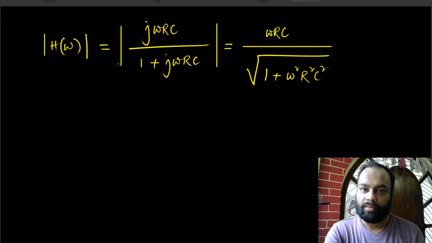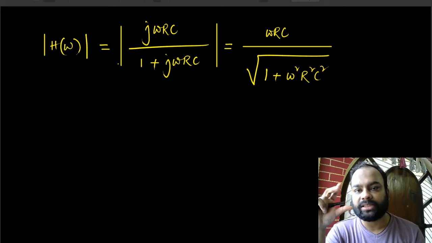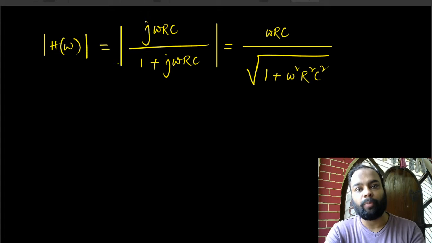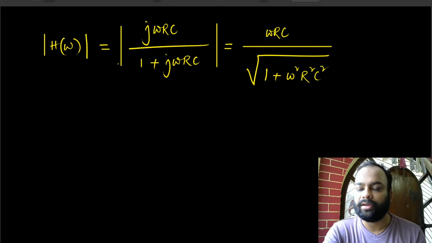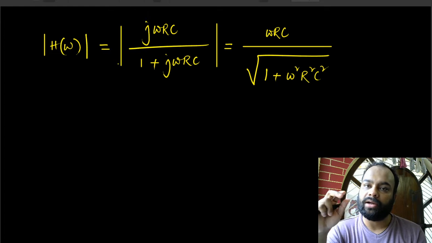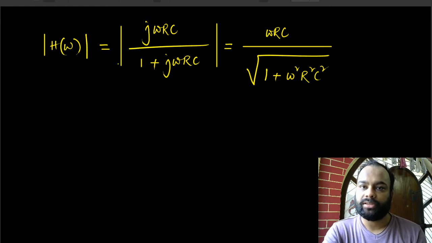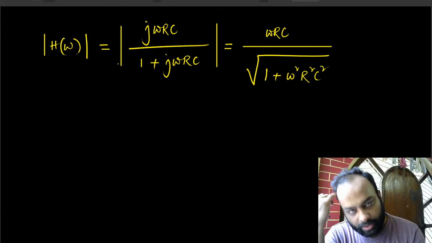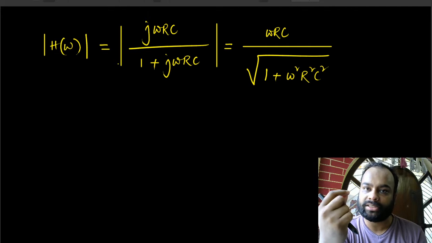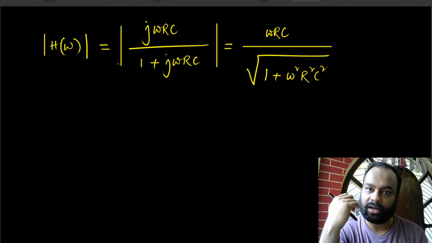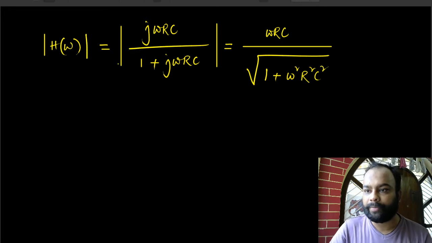That is why we study frequency responses: any signal can be decomposed into many sinusoids of different frequencies, and if I know the behavior of the system with each component sinusoid, we know what the output signal is going to be.